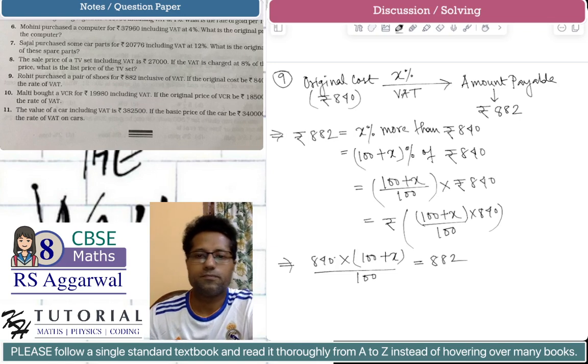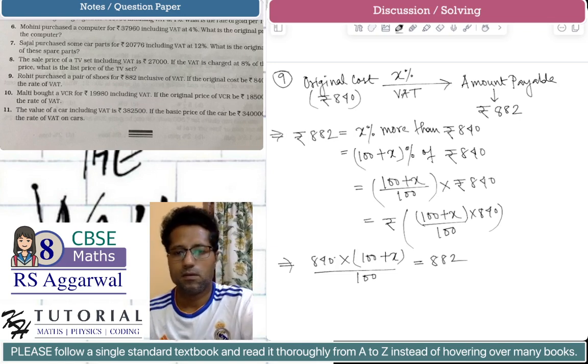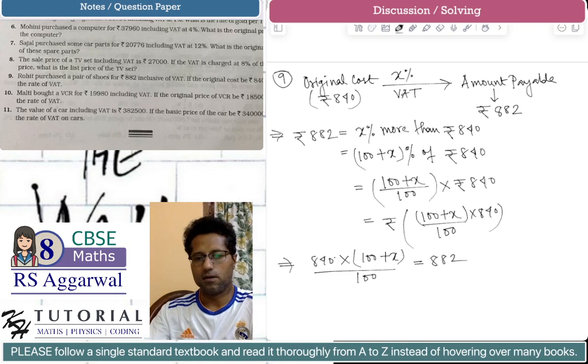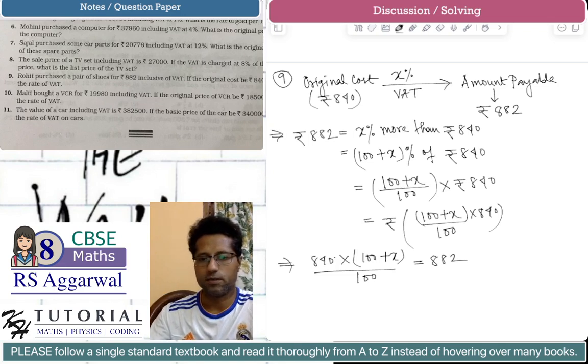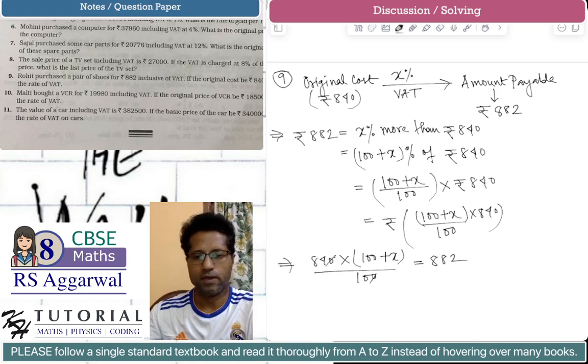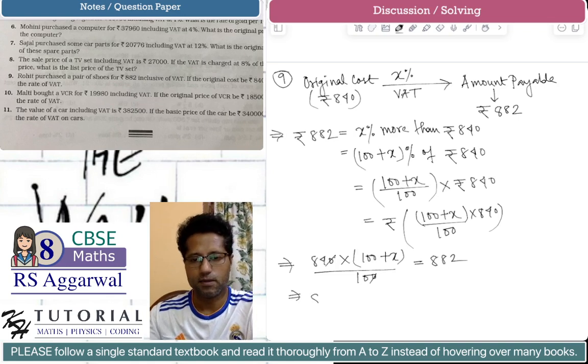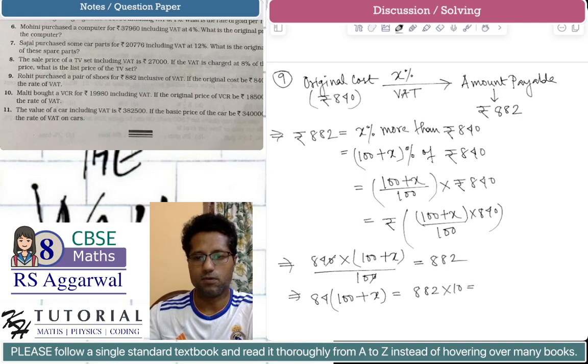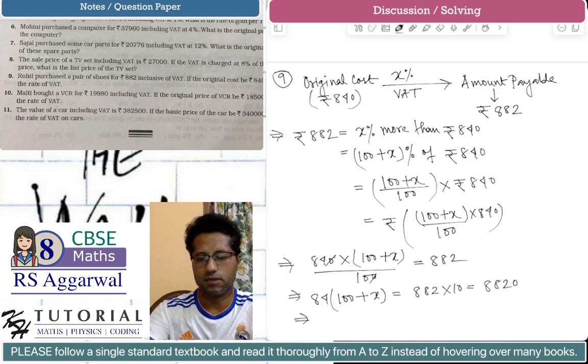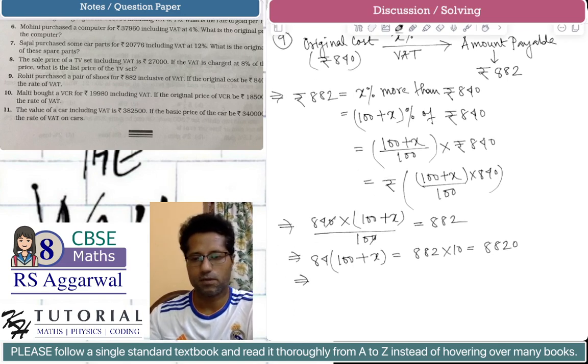Okay. Now you can simplify 840 and 100 by cancelling one zero, and by doing cross multiplication, we get 84 multiplied by 100 plus x is equal to 882 multiplied by 10, which is equal to 8820. So this is a linear equation in x, and we have to solve for x.